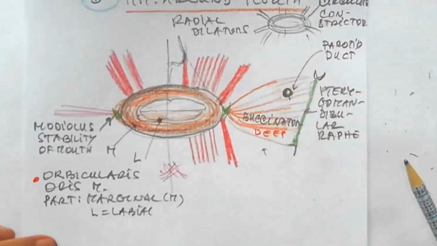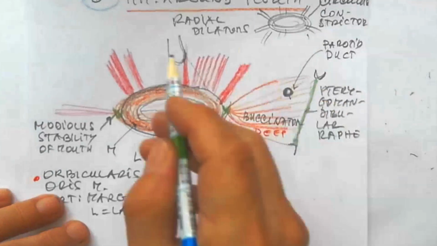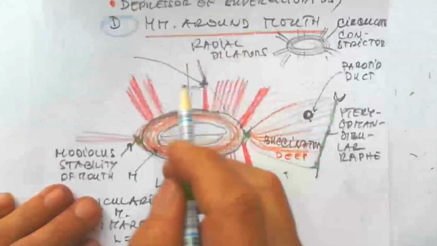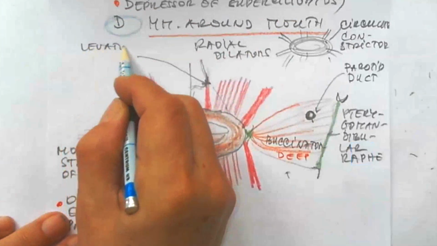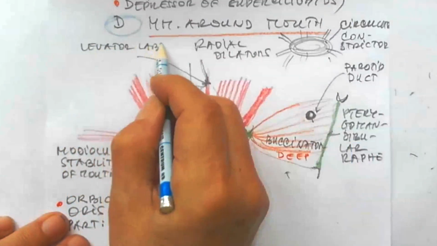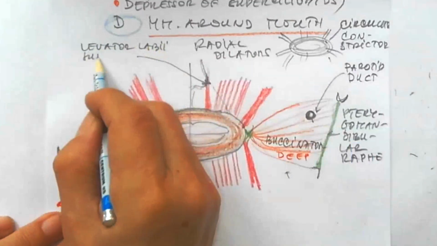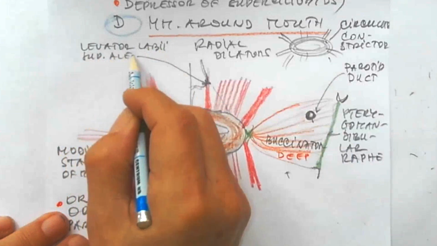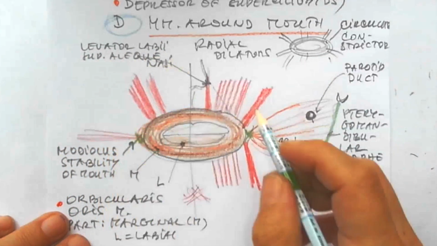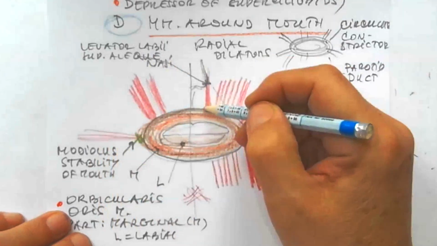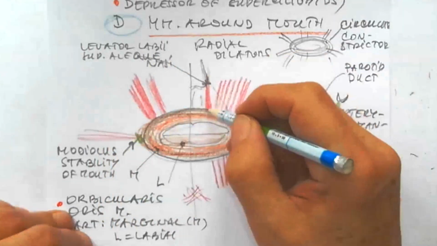That's it. So why add more? First of all, that one is the levator labii superioris alaeque nasi, narrowing the wing of the nose and elevating the upper lip.